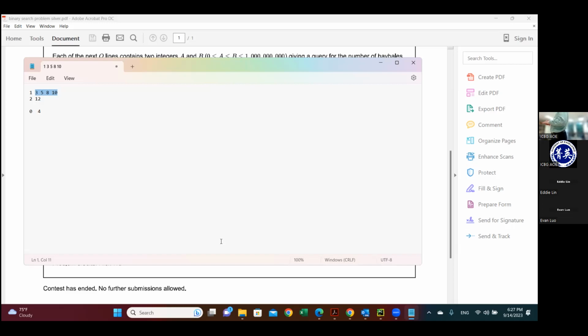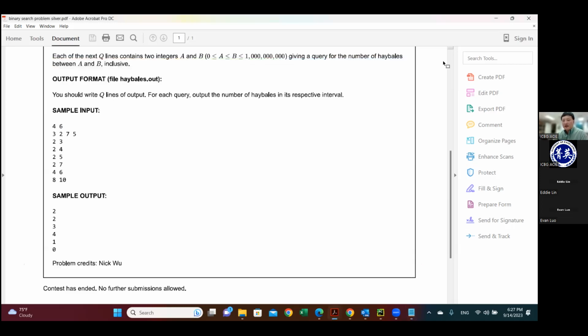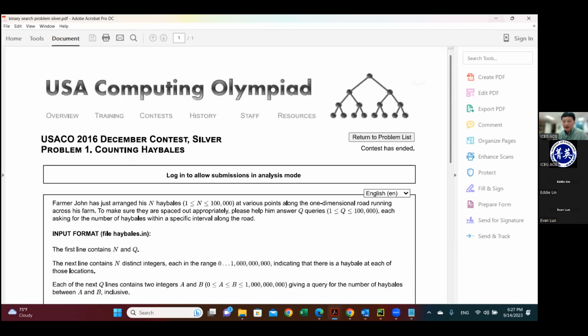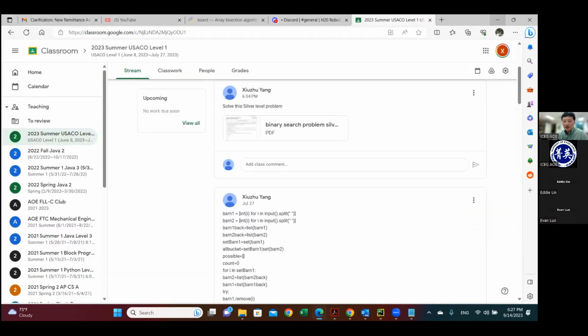Okay. But before I move on, I think this is another capability that Python provides to you. So I need to show you guys that, and it's even quicker for you to do it.